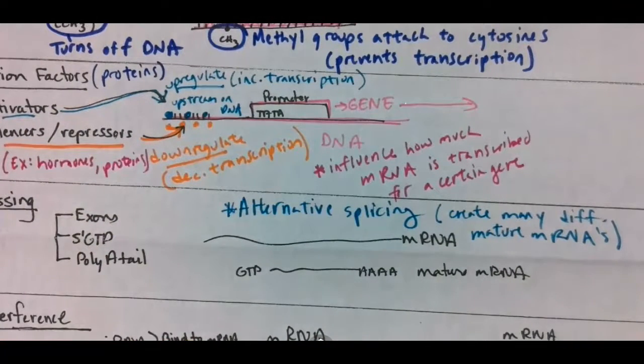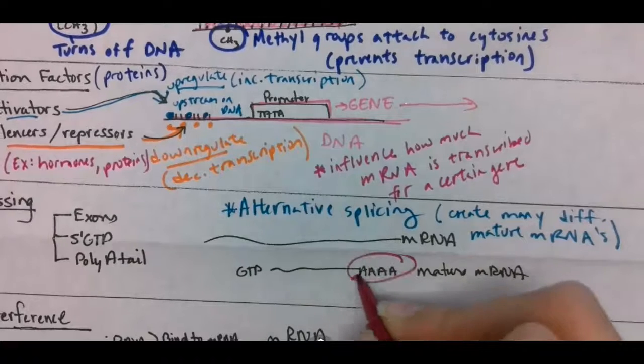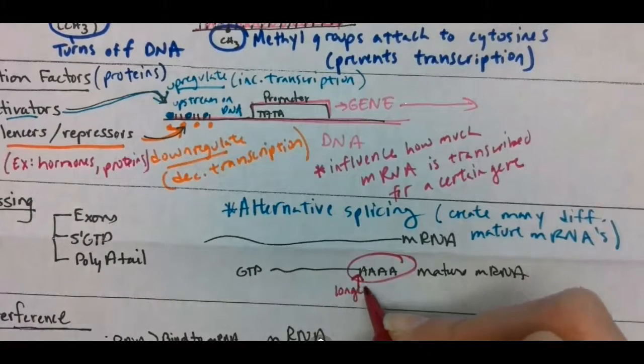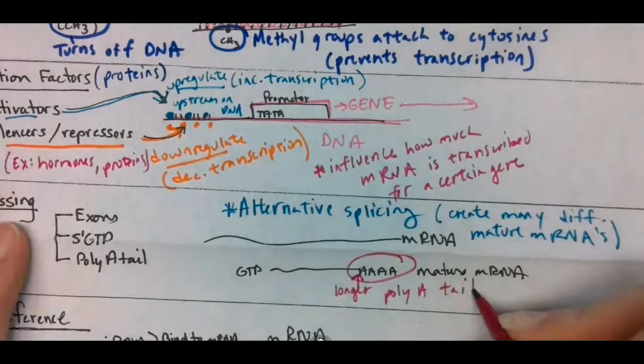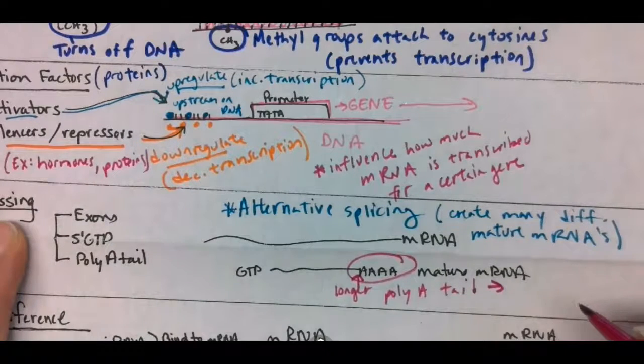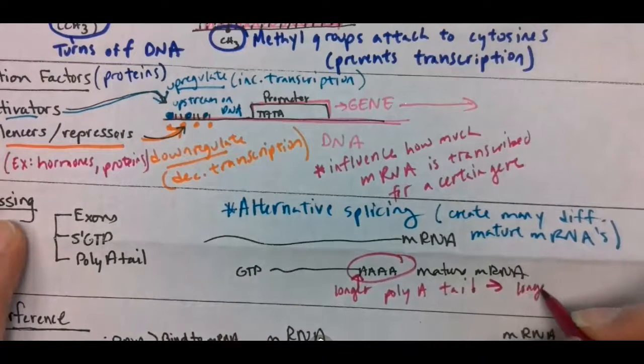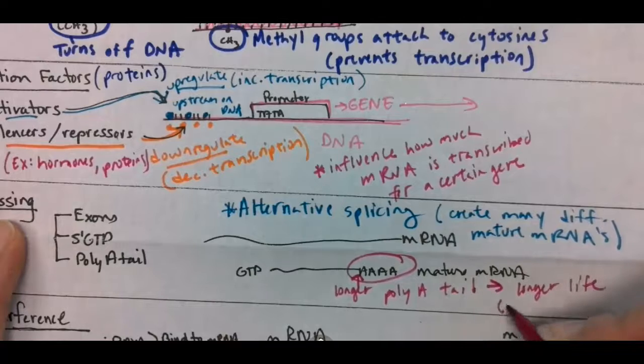Another thing that can happen is the length of the poly A tail. Longer poly A tail means longer life, so more translation can occur.